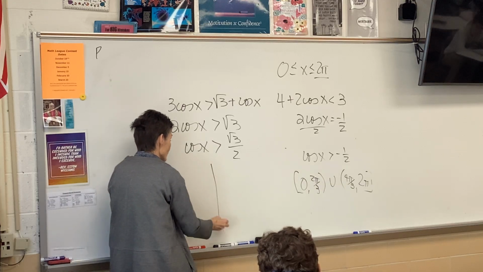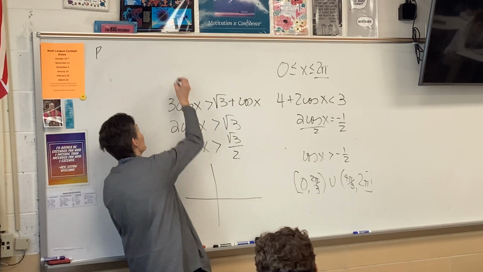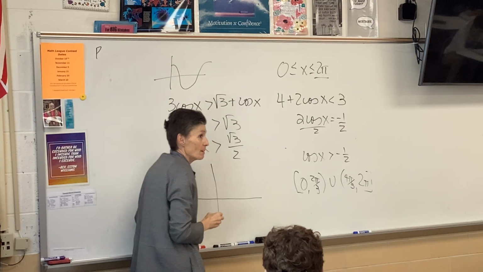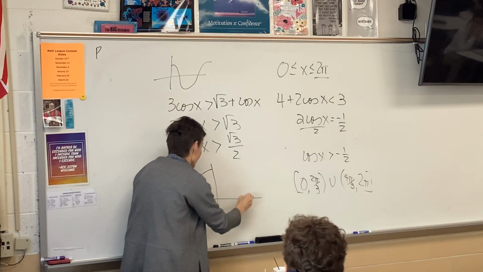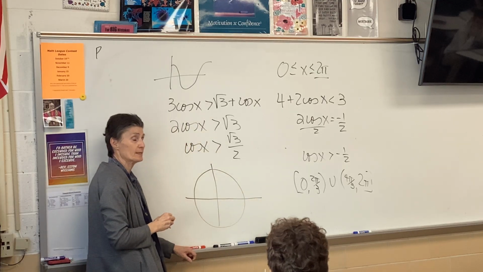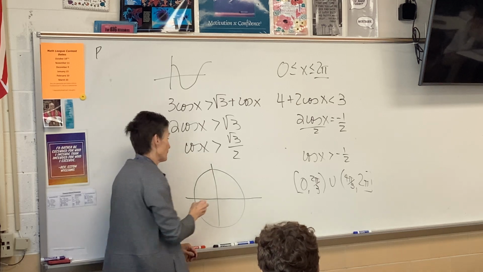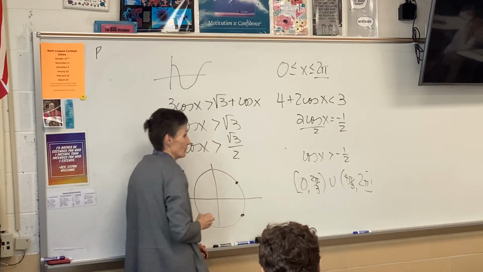So if you use a unit circle, and last time we were together, I talked about you can actually use a cosine curve. For some people, that's easier. Most of you are so proficient with your unit circle, you just like to use it. Where does the cosine equal positive root 3 over 2?